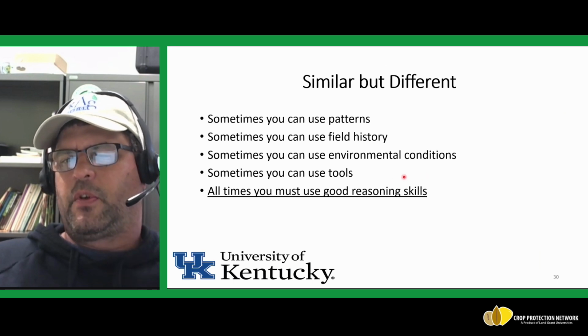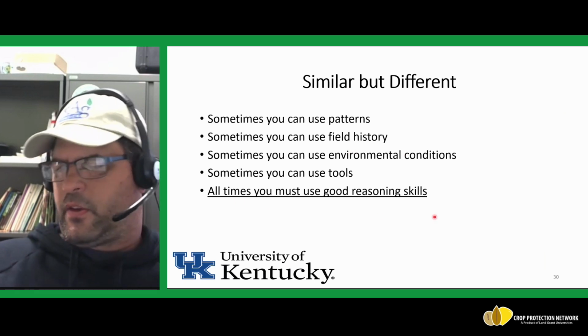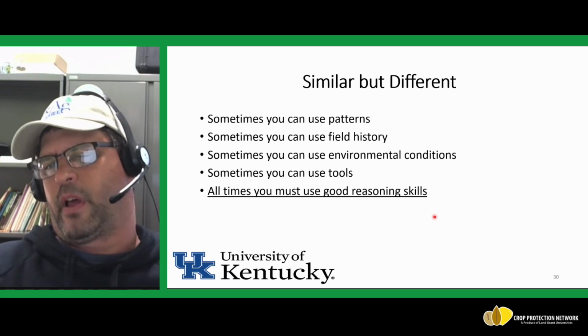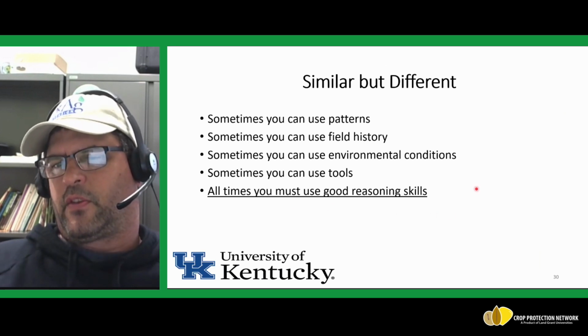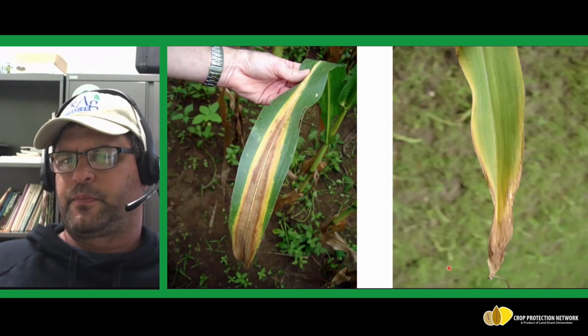And then sometimes you can use tools, but it doesn't matter what you use, you need to always use good reasoning skills. Just because it's a potassium deficiency doesn't mean it's because I don't have enough potassium in the soil or I didn't apply enough. You need to use reasoning skills along with the tools to determine what's going on.